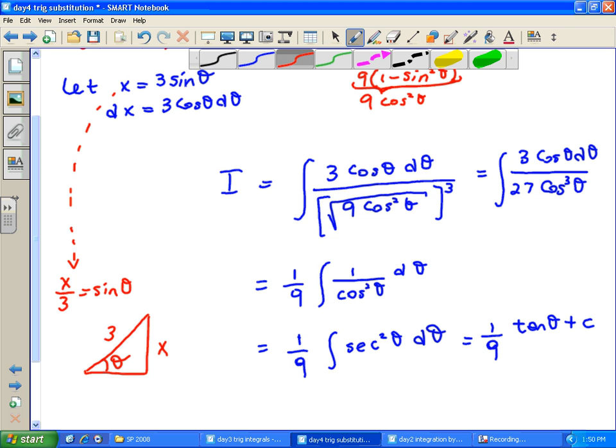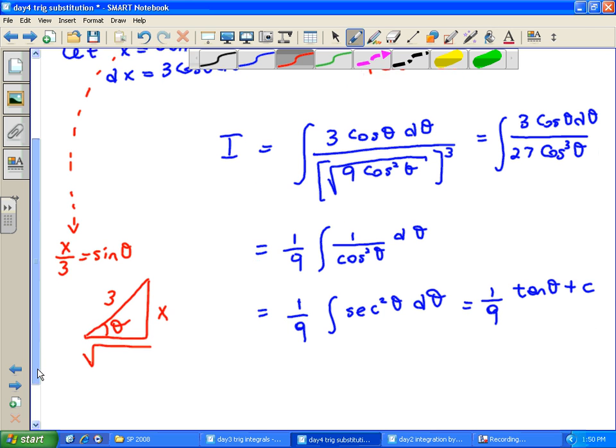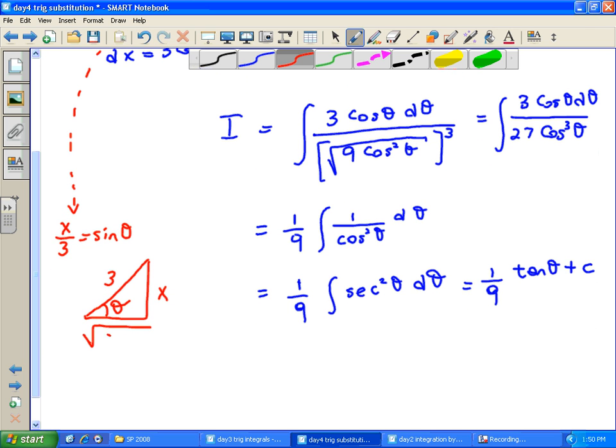So the third side is the square root of what? The square root of 9 minus x squared.